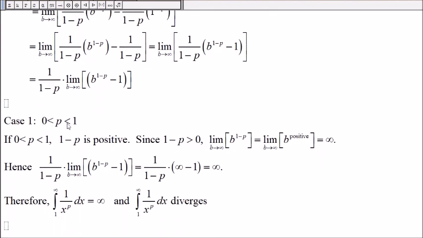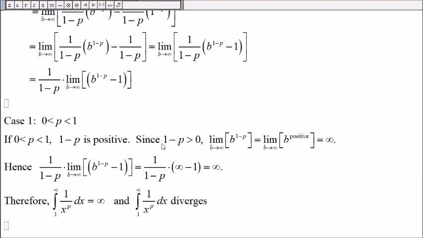Now let's deal with the case where p is between 0 and 1. If p is between 0 and 1, so if this p right here is a number between 0 and 1, then 1 minus p is positive, because this number is smaller than 1. It's between 0 and 1.